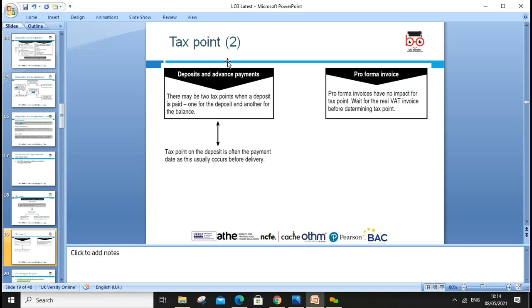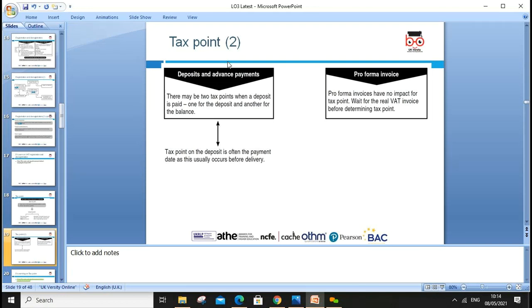Yes. And do we know the pro forma invoice? How much is the limit? Even if you don't give a detailed invoice, it's 250 pounds. So we wait for the real invoice to determine the tax point.